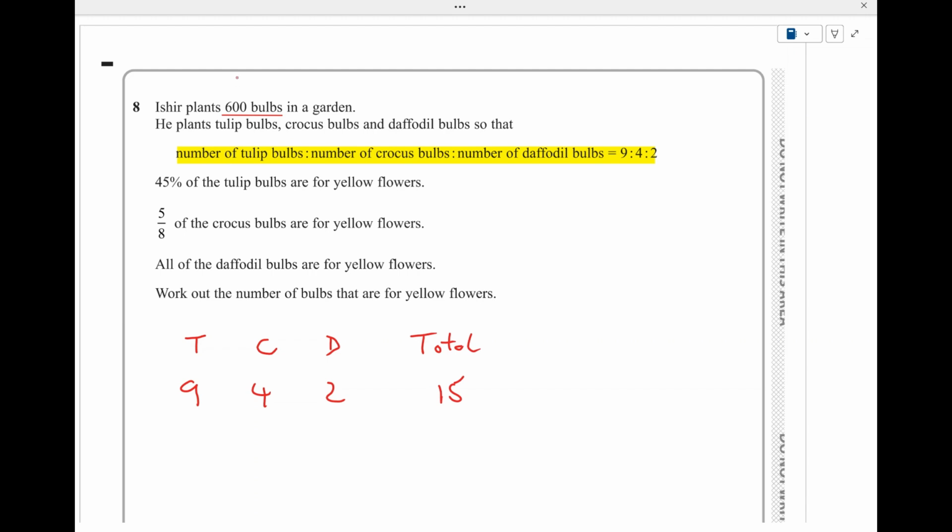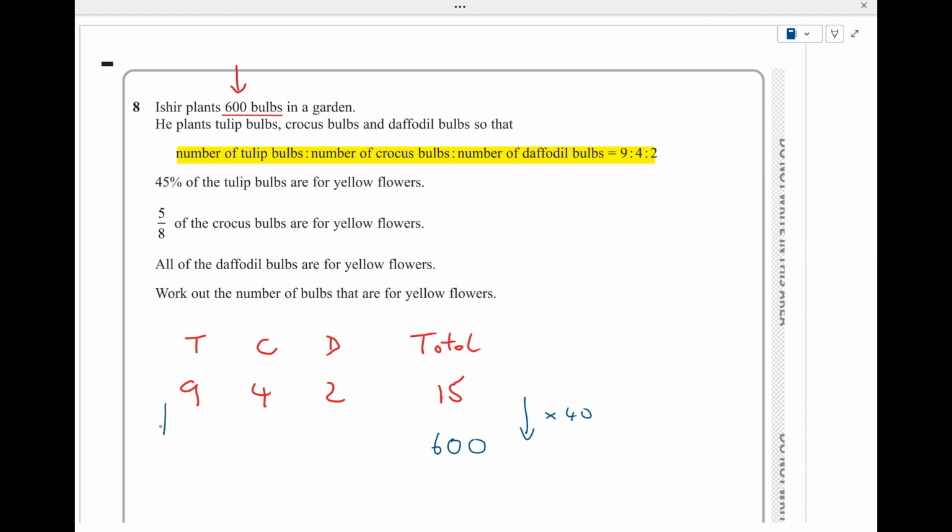Oh, now just a minute. We know that we're planting 600 bulbs in total, don't we? So if I write the 600 in my total column there, I can work out what my multiplying factor is. So 600 divided by 15, I'm multiplying by 40 here.